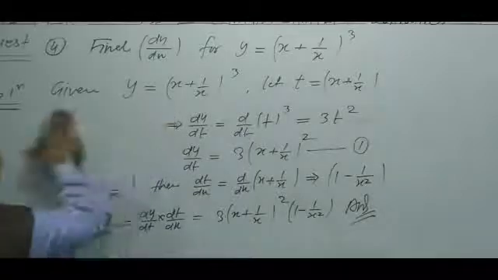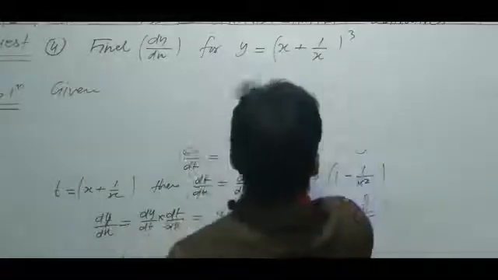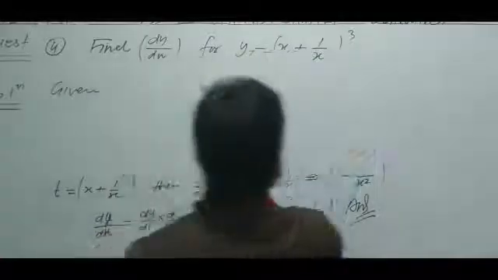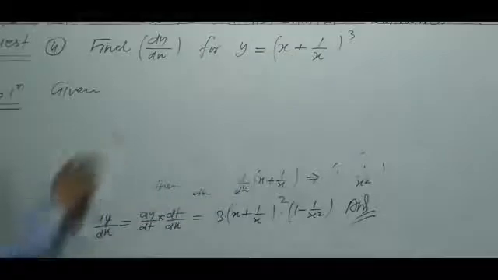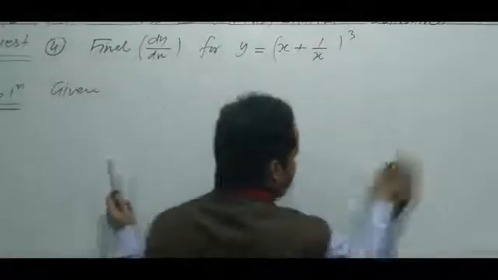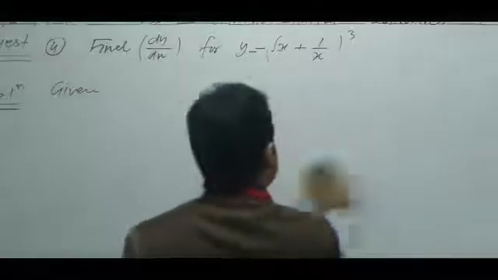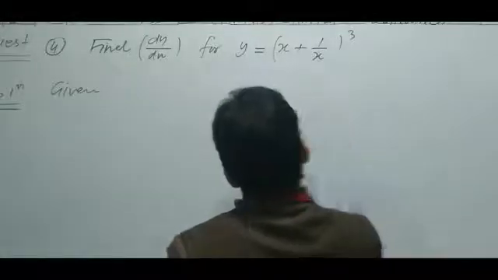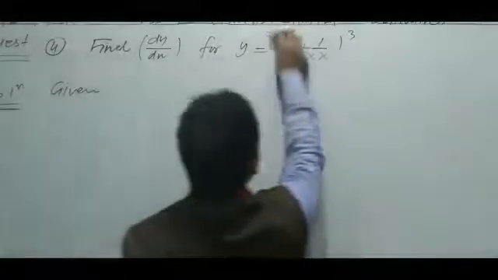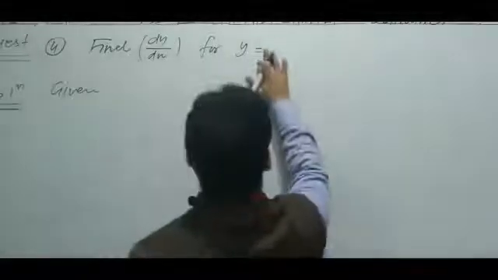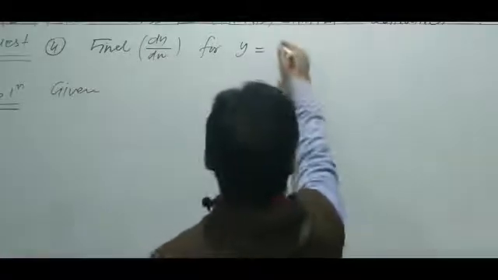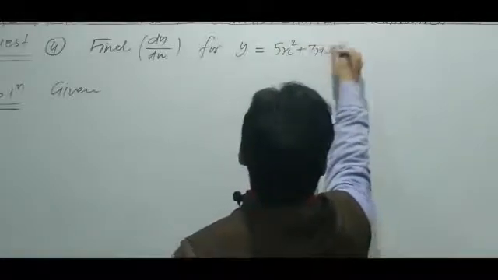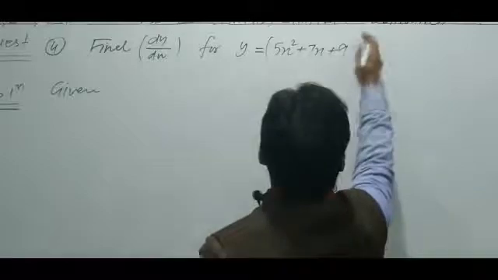Now question number 5 is y is equal to, suppose we have taken 5x square plus 7x plus 9 to the whole power 15.